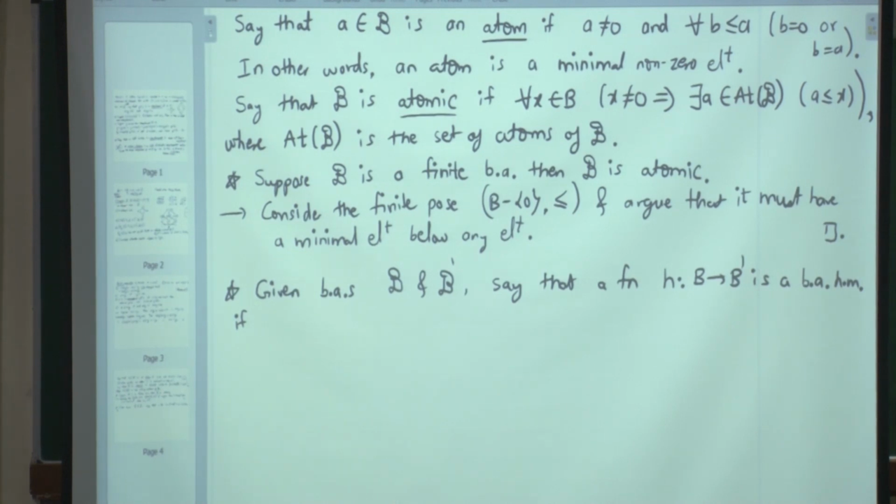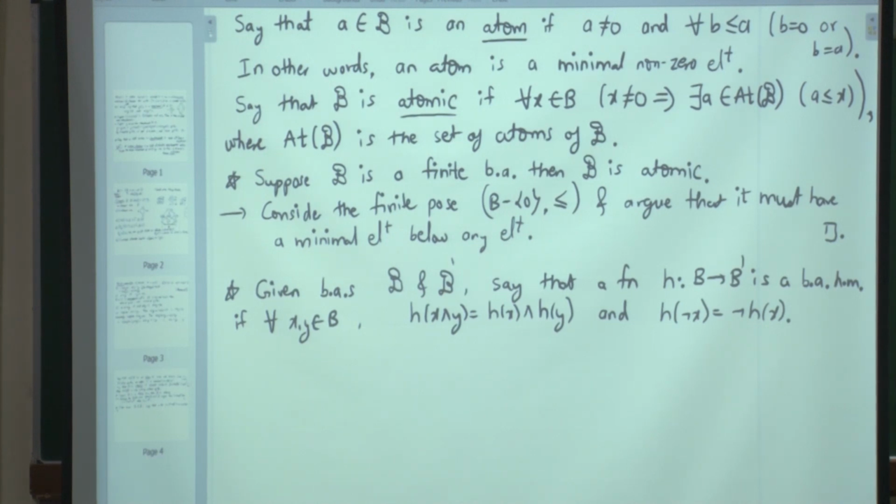But I am going to write a shortcut. If for all x and y in B, h of x meet y is equal to h of x meet h of y, and h of negation x is equal to negation of h of x. That's all, full stop. Why did I not write h of 0 is equal to 0?